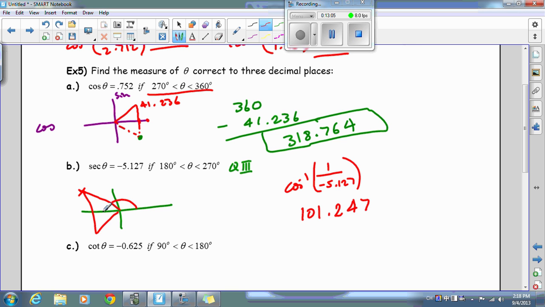I'm gonna figure out what's the reference angle and add it to 180. So if I do 180 minus 101.247, that will give me my reference angle, and I will add that to 180 again. Or the easiest way to find it is, let's do it step by step.